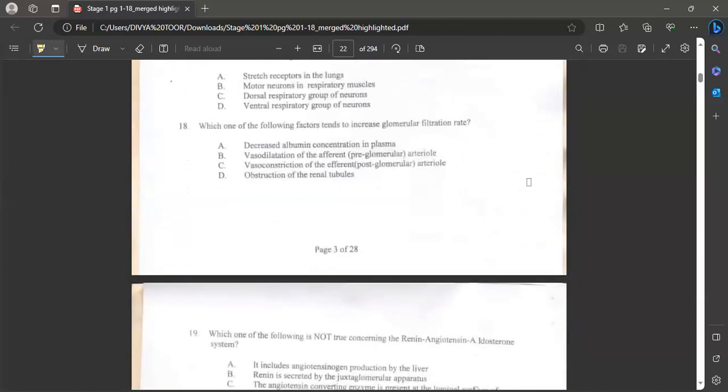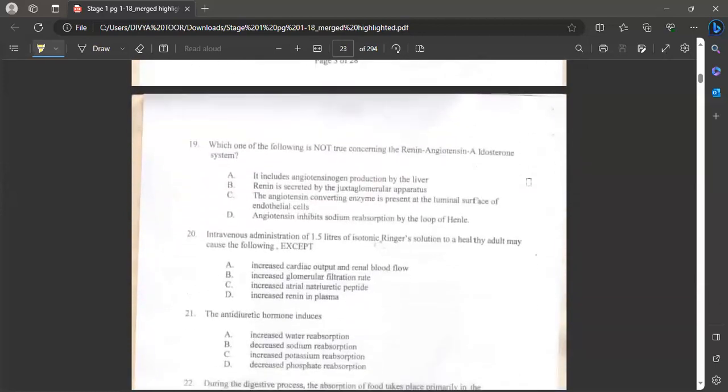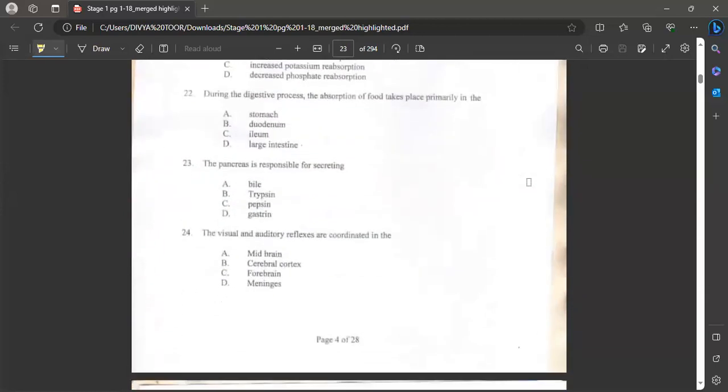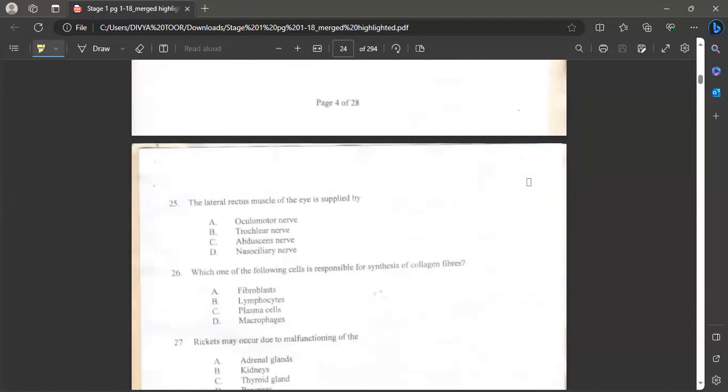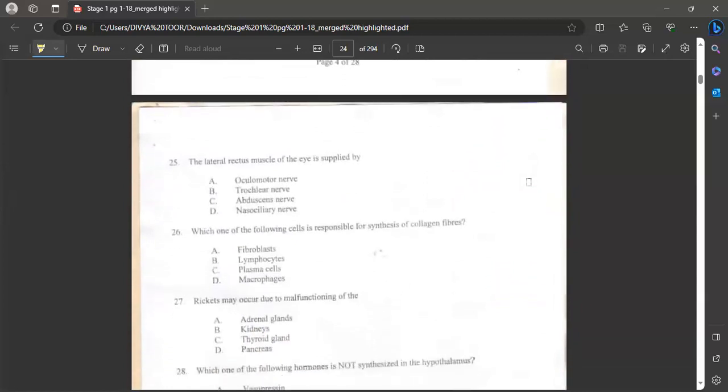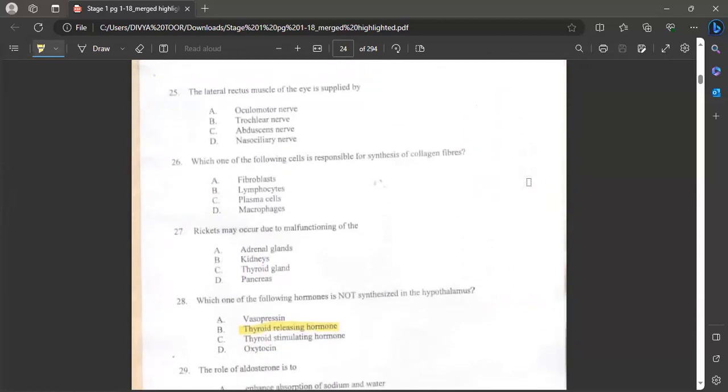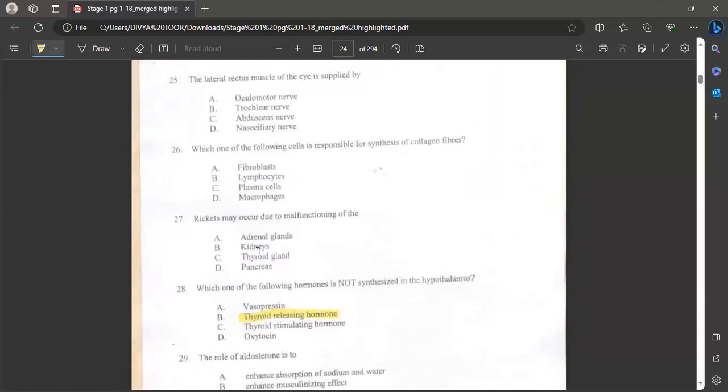But it's basic anatomy, not deep. Number 26. Which one of the following cells is responsible for synthesis of collagen? And we'll also look at the basic anatomy even when we are looking at physiology.